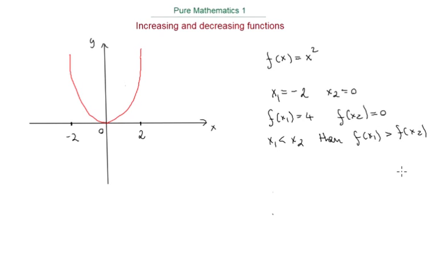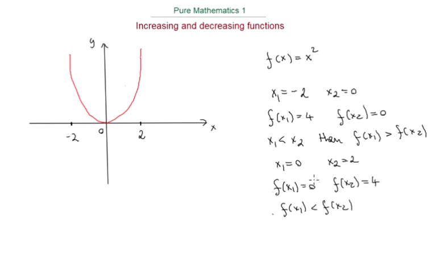So it would imply that our function is decreasing. But were we to choose x1 is equal to 0 and x2 is equal to 2, which would imply x1 is less than x2, when we do f of x1 we get 0. When we do f of x2, that's f of 2, which is 4. So we get that f of x1 is less than f of x2.